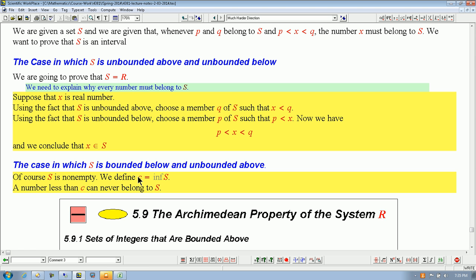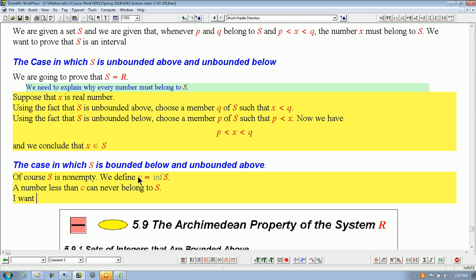I want to explain why every number greater than C must belong to S. Okay? That's what I'm going to explain.